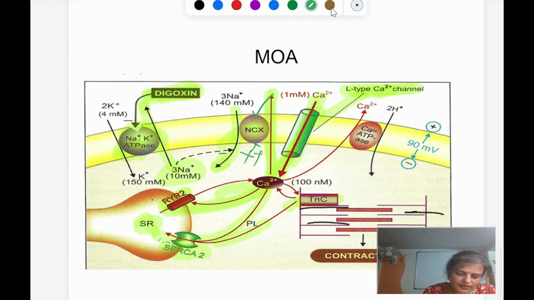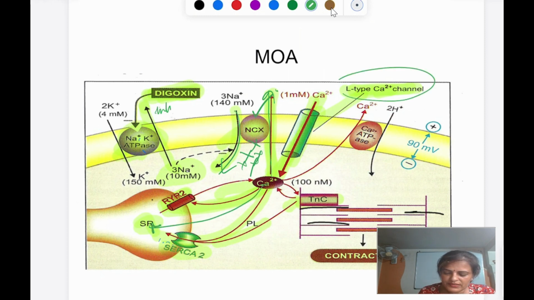It is going to be inhibited. The sodium will not come inside, and calcium will not move out. So instead of moving out, this calcium will also be taken up by the sarcoplasmic reticulum, and with the next impulse, a larger amount of calcium will be released from the sarcoplasmic reticulum. This is how digoxin acts.